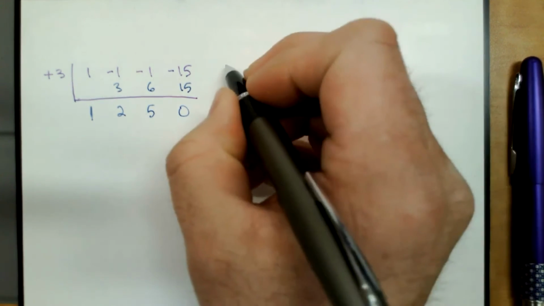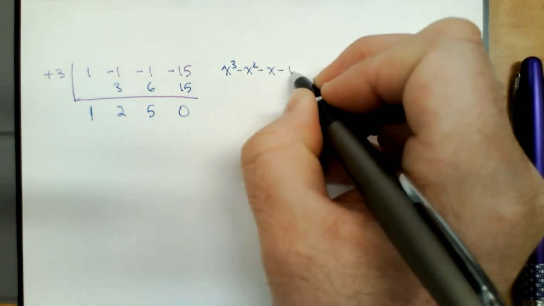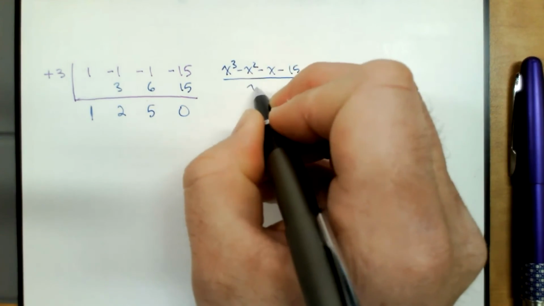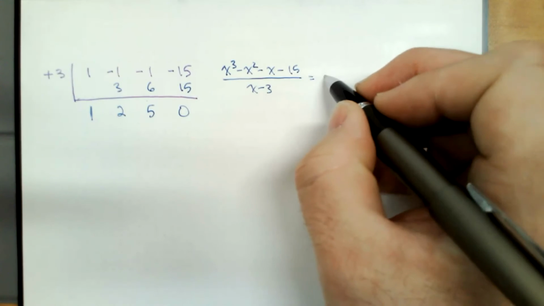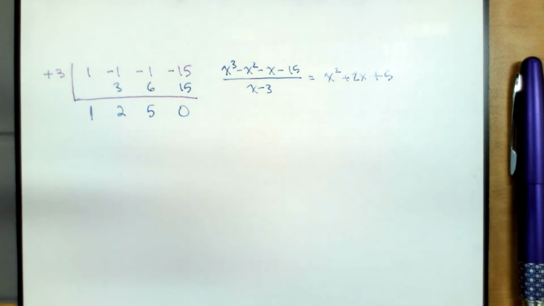So what that means is that x cubed minus x squared minus x minus 15 divided by x minus 3 is going to be x squared plus 2x plus 5. So those are our two factors of x cubed minus x squared minus x minus 15. Synthetic division is for dividing by monic linear polynomials.